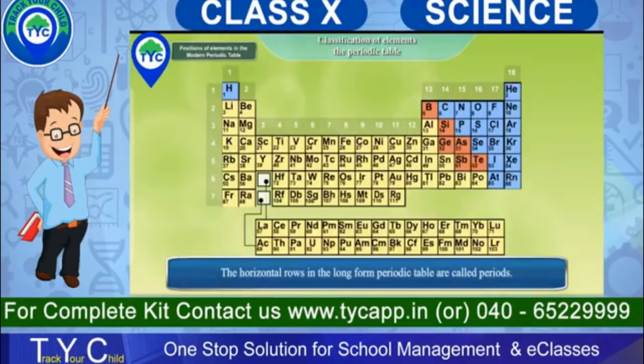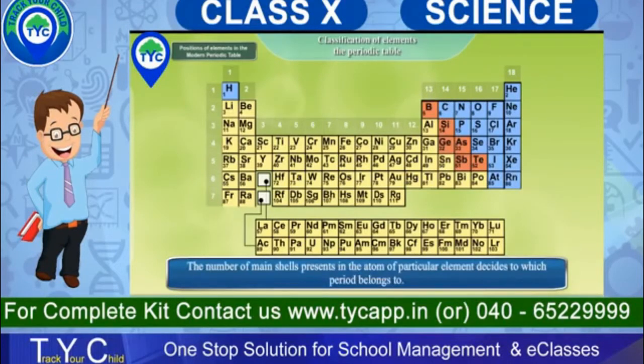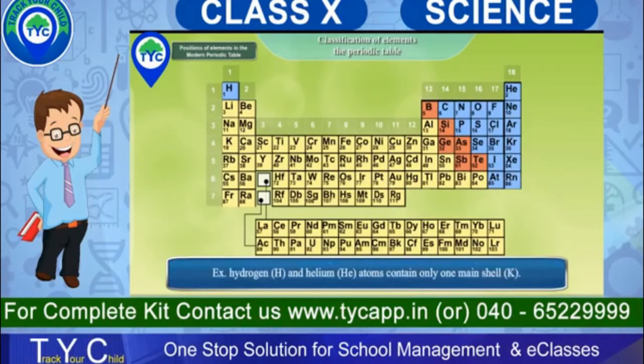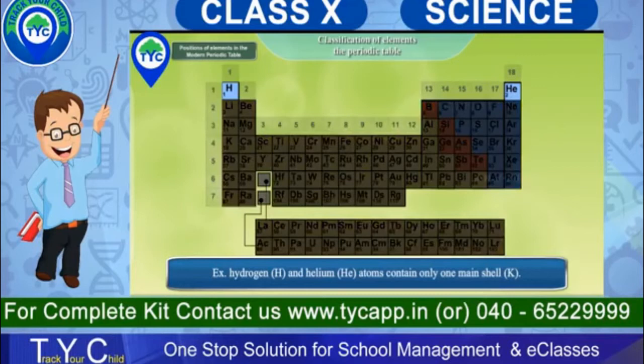The horizontal rows in the long form periodic table are called periods. There are 7 periods. The number of main shells present in the atom of a particular element decides which period it belongs to. Example: hydrogen, H, and helium, He, atoms contain only one main shell, K. Therefore, they belong to period 1.